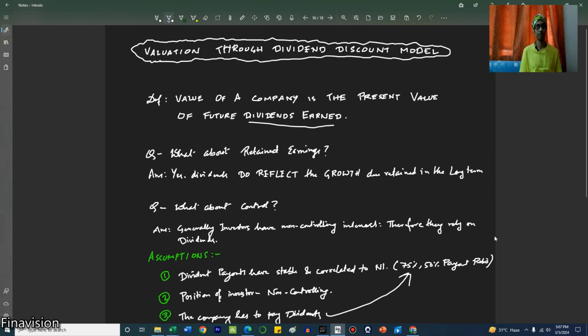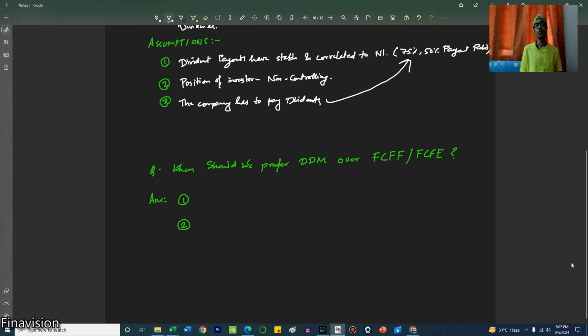Now friends, to value a company, there are majorly three ways of valuation that is being used. One is the dividend discount model, which we will be discussing in this chapter. The second is free cash flow model, free cash flow to equity or free cash flow to the firm. Another way is residual income.